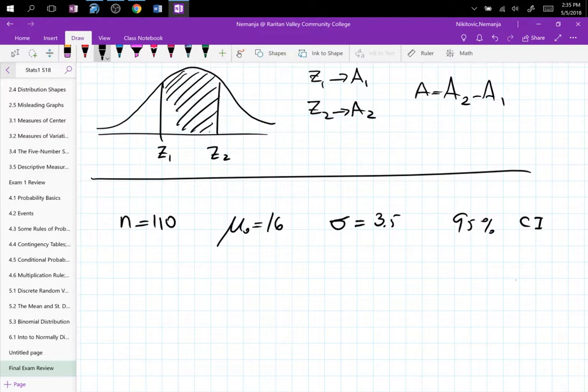All right, so let's see these lobsters. Construct a 95% confidence interval. This was a sample that had the mean, so that's x bar. All right, cool. Now, 95% confidence interval, so I'm going to deal with that first.